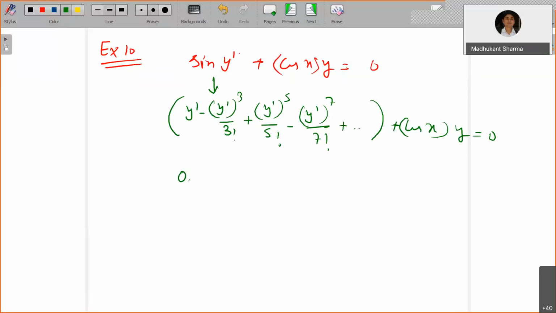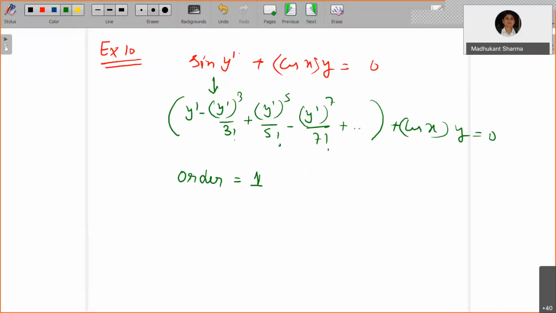So certainly here I can write order is 1, because you can decide very easily that whatever term you write down, any nth term, it still has y dash to an integer power only, and the highest order derivative is 1 only. So I can decide order is 1.